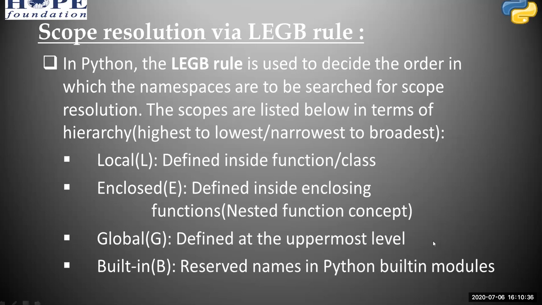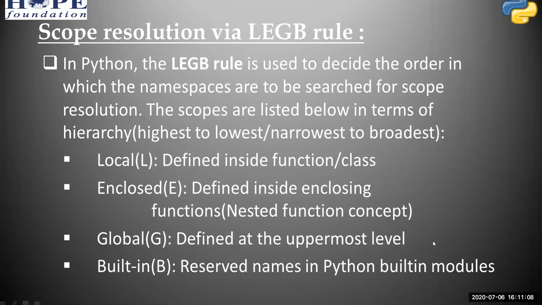In Python, the LEGB rule is used to decide the order in which the namespaces are searched for scope resolution. The scopes are listed from highest to lowest and narrowest to broadest. First is the local variable, defined inside a function or statement.